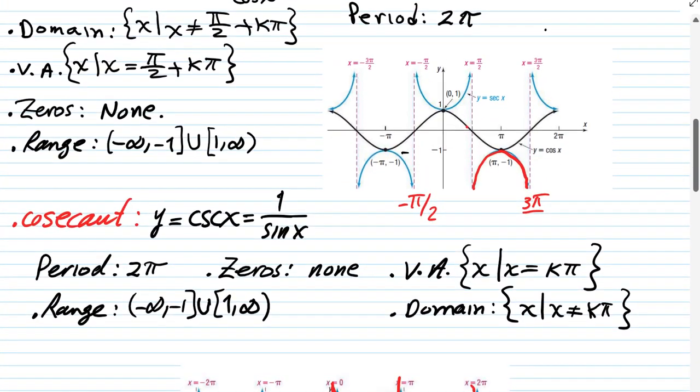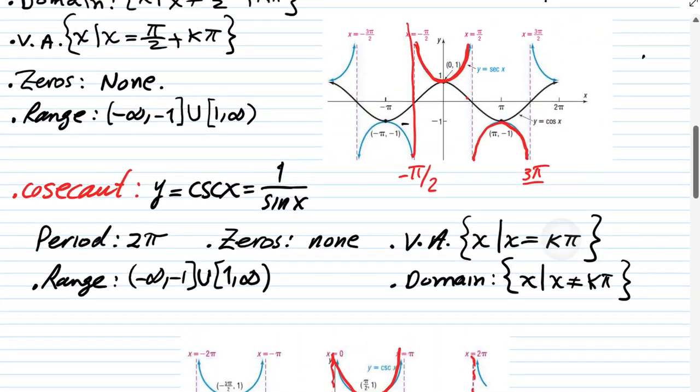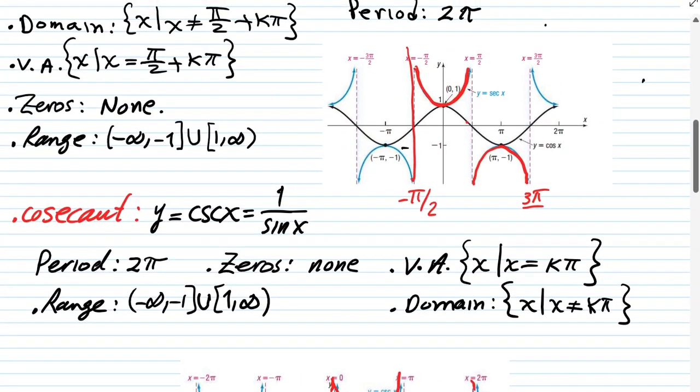And there you go. Remember, we mentioned secant, you get 1 cycle of secant right here, between negative pi over 2 and 3 pi over 2. That's when we get one of these graphs.